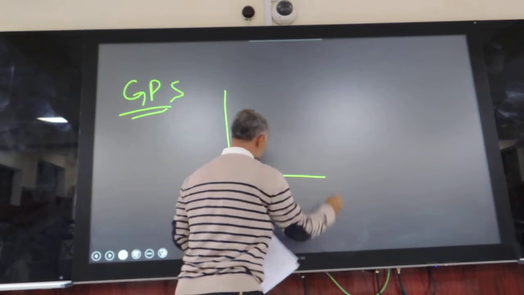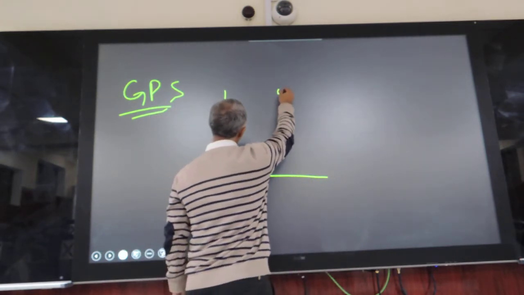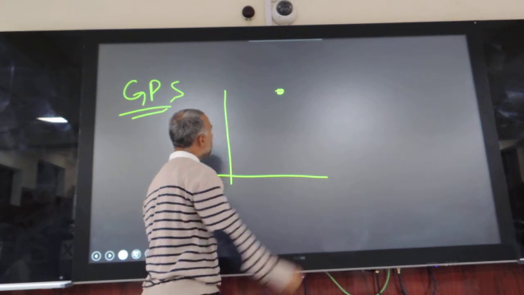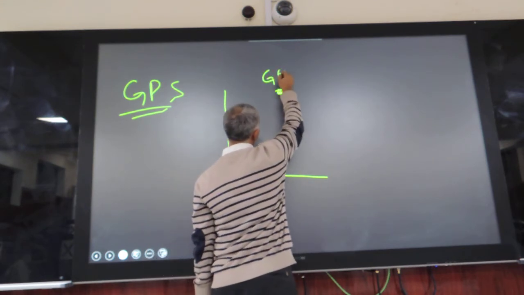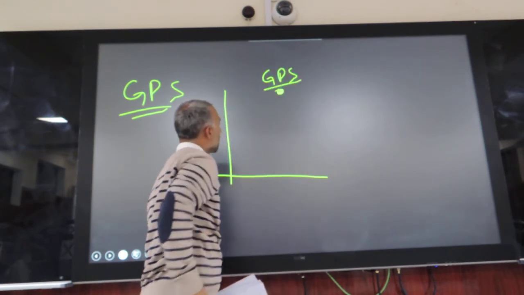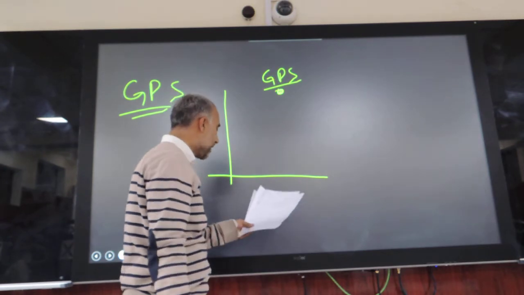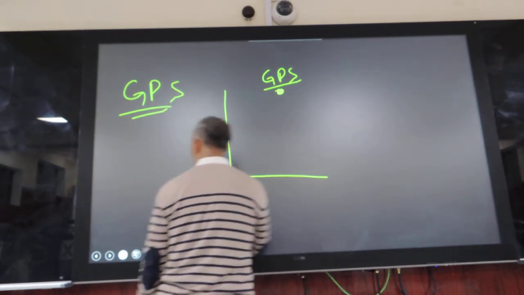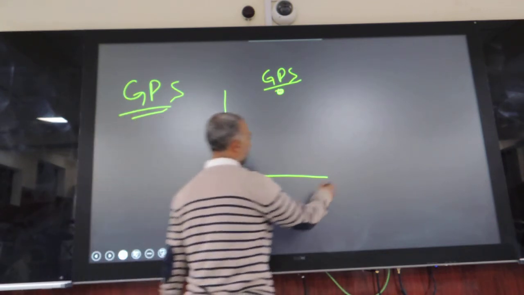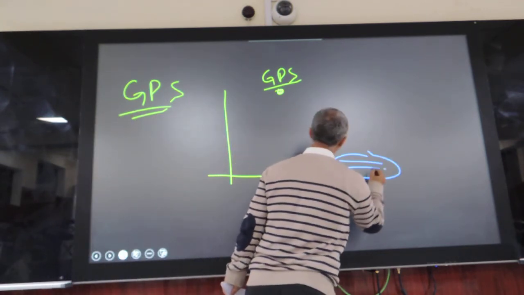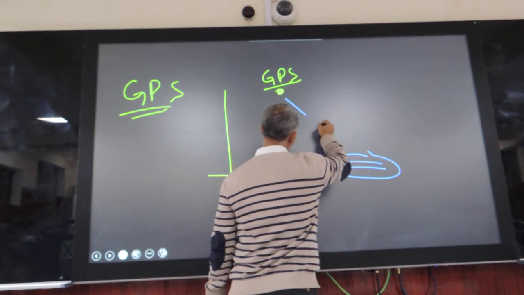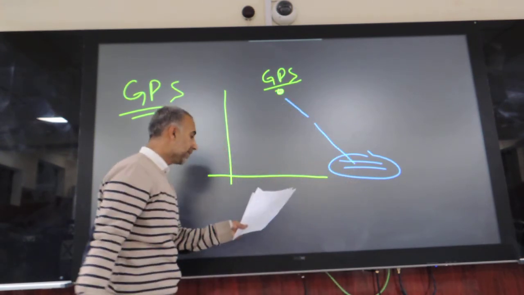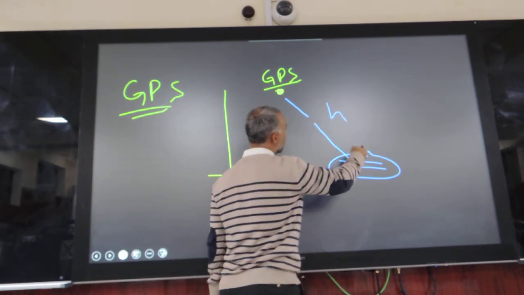So suppose an aircraft is landing, or there is some satellite GPS around the globe telling the aircraft, for example, at some position there is a runway, and this line is representing the distance from GPS to runway.